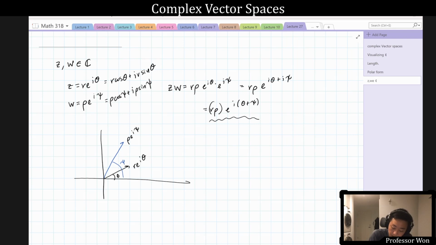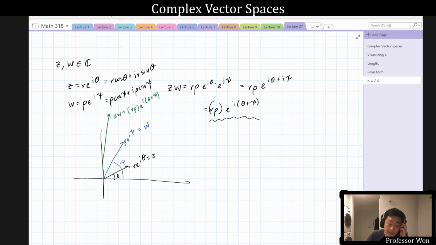So actually, let's call this one z. Let's call this one w. Their product will be, you multiply the lengths and you add the angles, and I guess the sum of the angles looks like it's going to be somewhere around here, right? So this angle here, I mean, let's just say this is zw, this is r rho times e to the i (theta plus psi).